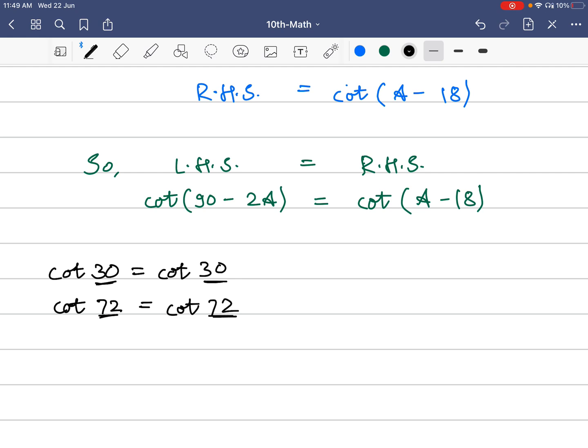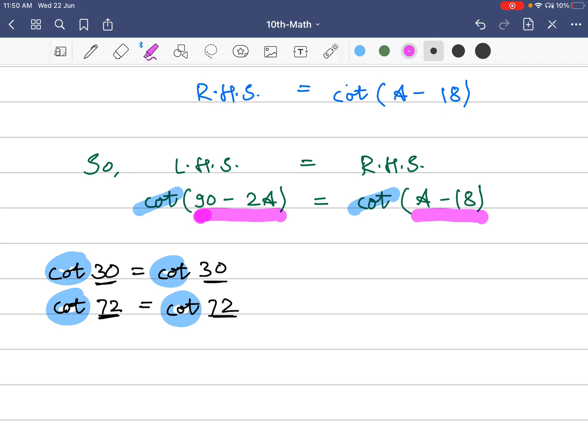So this 72 and 72 will be the same because this trigonometric ratio is the same. Similarly, if you focus on the equation that we have here, this is cot and this is cot. Since it is the same trigonometric ratio, their angles should also be the same. So 90 minus 2a and a minus 18 should be the same.